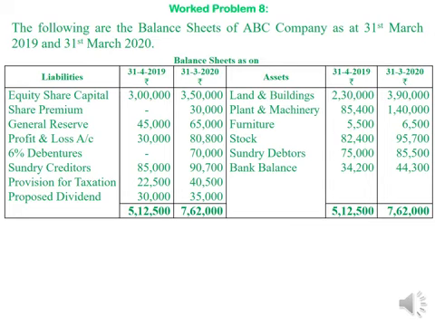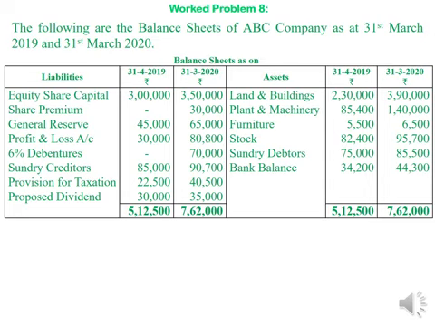6% debentures nil and rupees 70,000. Sundry creditors rupees 85,000 and rupees 90,700. Provision for tax rupees 22,500 and rupees 40,500. Proposed dividend rupees 30,000 and rupees 35,000.